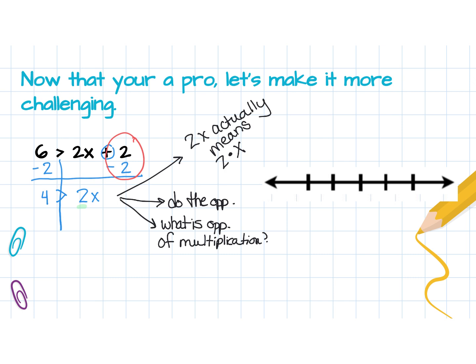Ding, ding, ding, you are all right. It is division. Right? Okay. So we're going to go back to our rules of algebra. We want to get rid of that 2. Well, that 2 is being multiplied. So to do the opposite, we are going to divide.